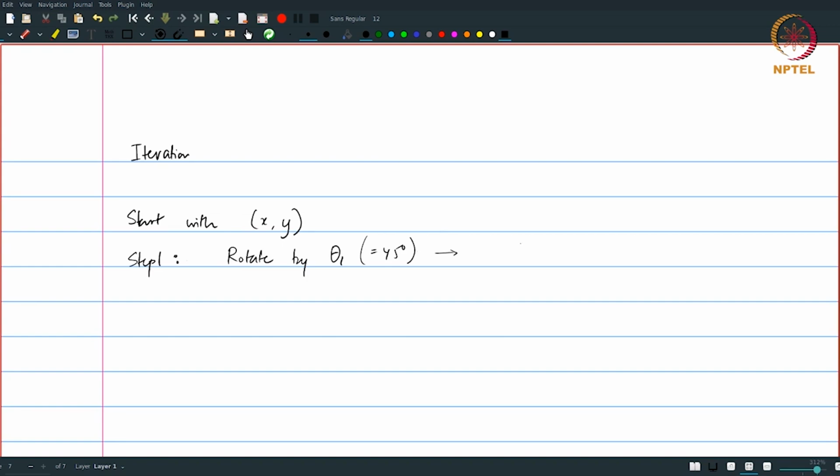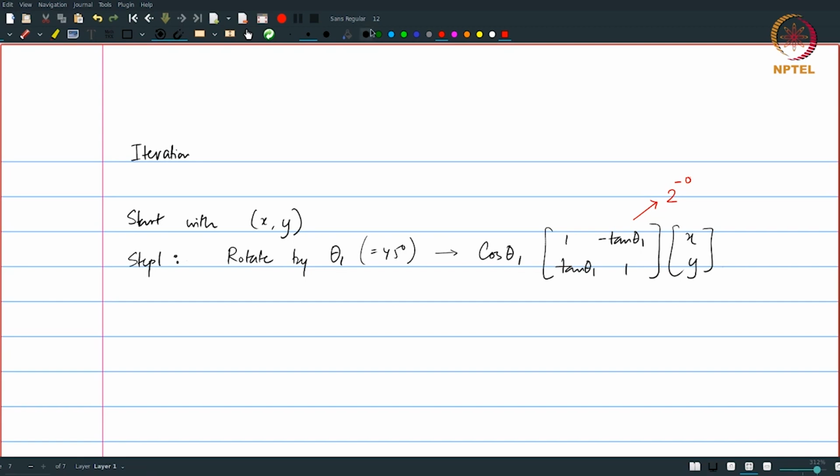And this would basically be done by cos theta 1 into the matrix [1, minus tan theta 1; tan theta 1, 1] times the vector xy, where we know that this tan theta 1 is essentially 2 power minus 0.